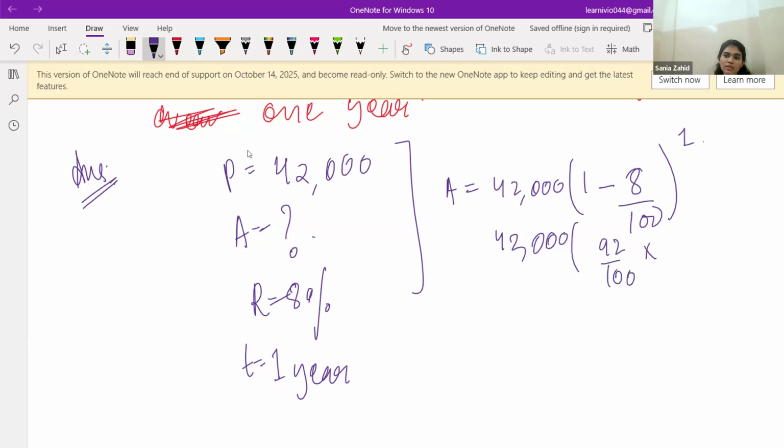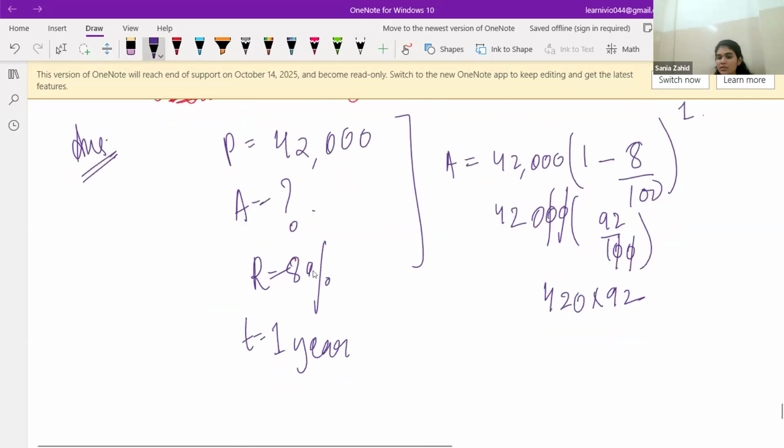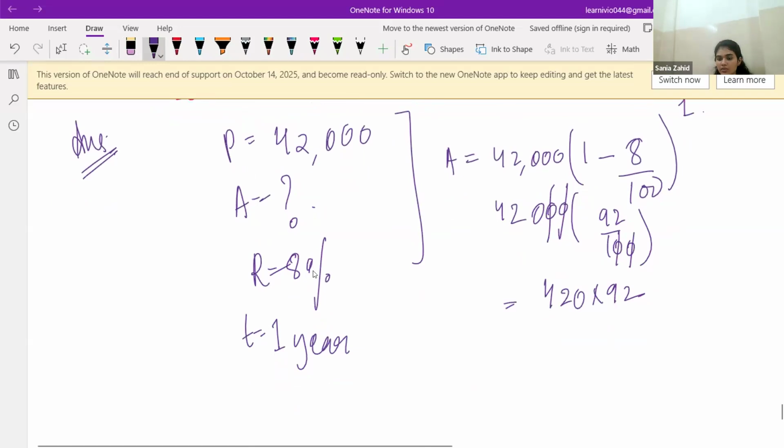Just one time only because the power is 1. The two zeros cancel. 42 into 9... 420 into 92 you will do and you will get your answer.